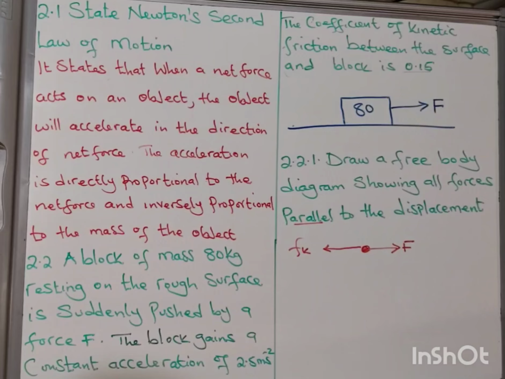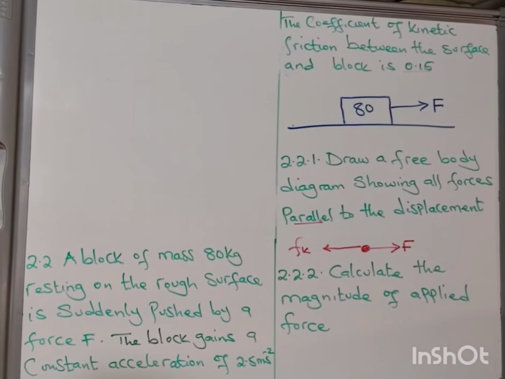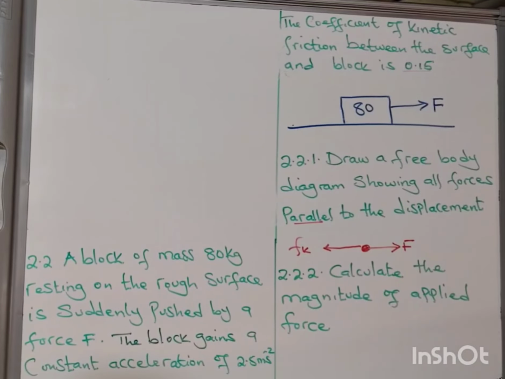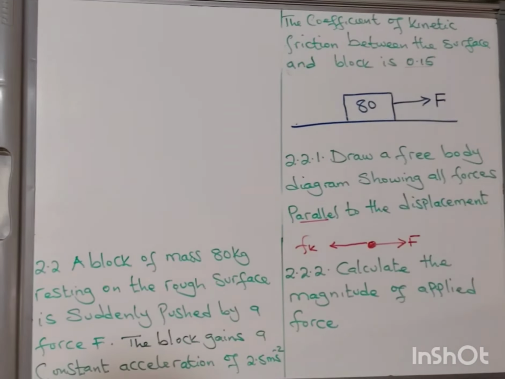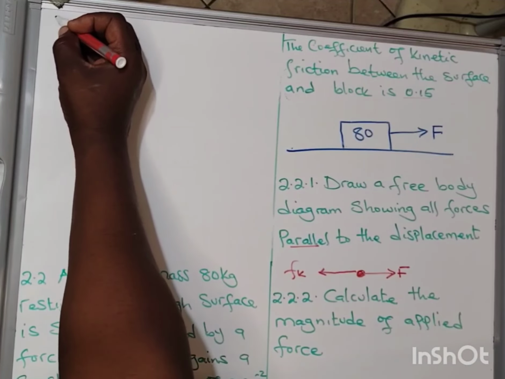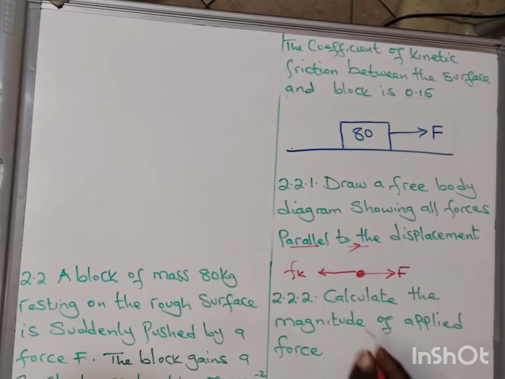Okay, let's look at the next question. It says, calculate the magnitude of the applied force. How do we go about this? From the diagram, we have to remember that the body is being pulled in that direction, that's why it's moving.